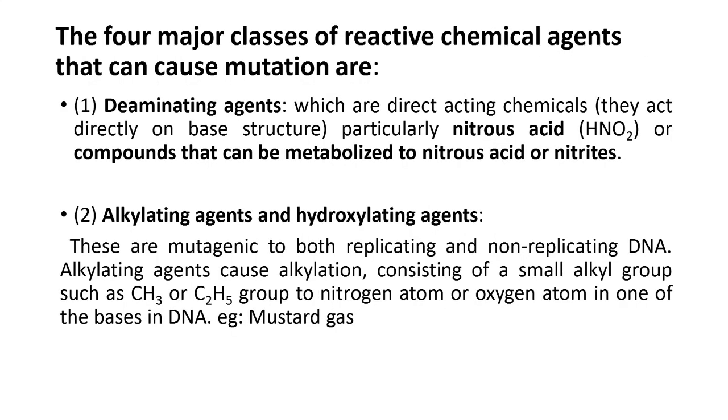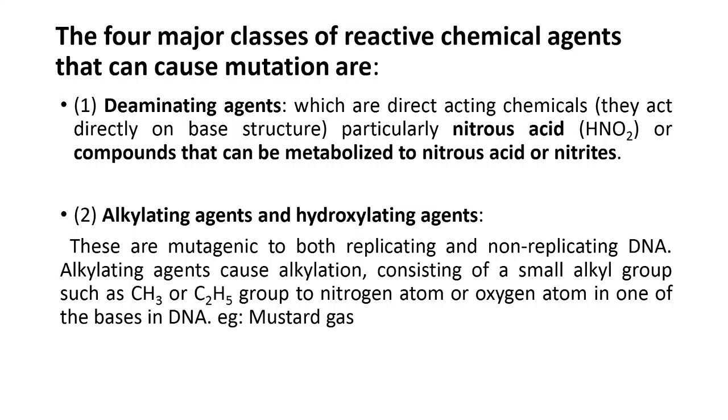The four major classes of reactive chemical agents that can cause mutation are, first, deaminating agents, and these deaminating agents are direct acting chemicals. They are directly acting on the base structure of DNA, particularly nitrous acid or HNO2, or compounds that can be metabolized to nitrous acid or nitrates.